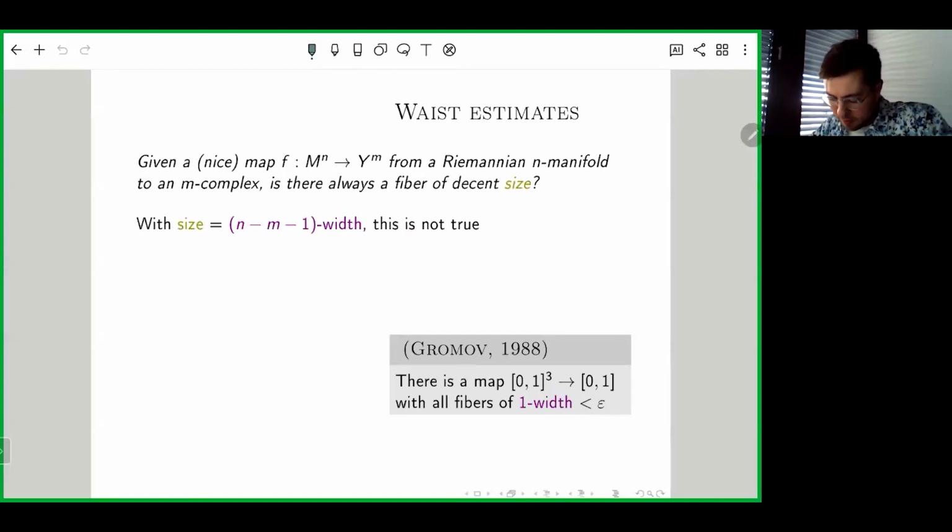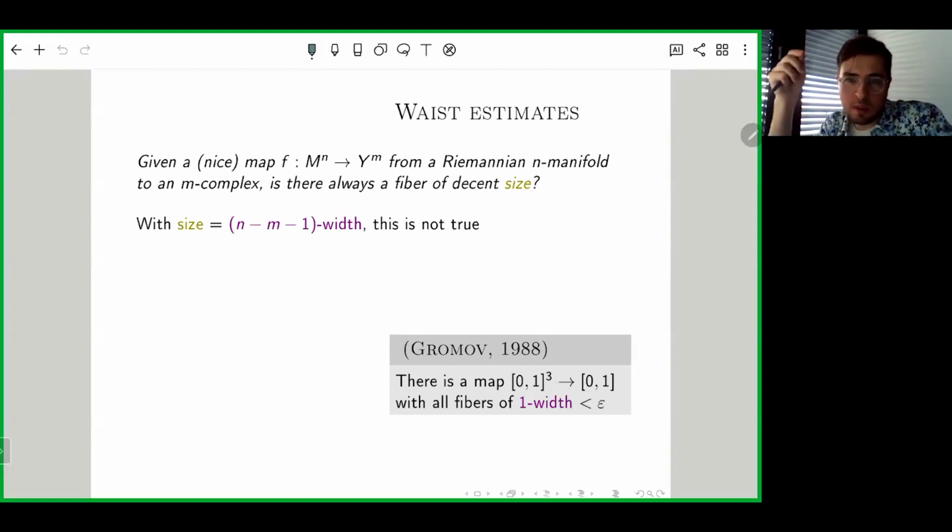So let's leave it here for a second. Here I just reiterate that the general waist type of question is: you have a map dropping in dimension, and you ask, can you always guarantee the existence of a fiber of decent size?